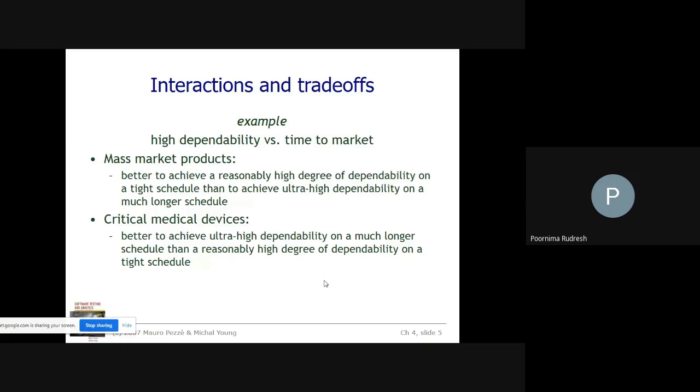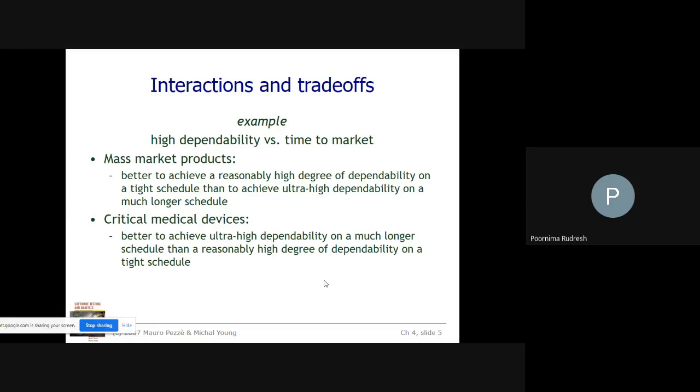We'll see what are the interactions and trade-offs with respect to high dependability versus time to market. So for some of the products, we need more dependability, and for some of the products we need the time to market. Time to market means we have to develop the product as early as possible, and that product should be released to the market as early as possible by taking less time.